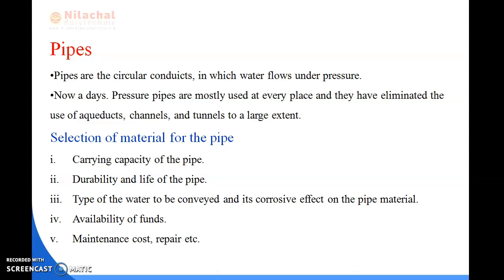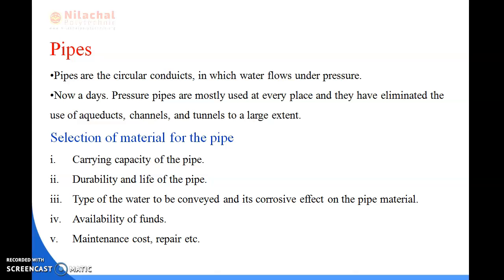Pipes are circular conduits in which the water flows under pressure, and nowadays pressure pipes are mostly used at every place, and they have eliminated the use of aqueducts, channels and tunnels to a large extent.